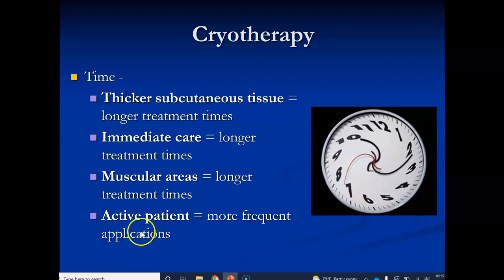If the patient just came out of practice and we put an ice bag on them, after their 15 minutes and they go away, they're going to rewarm a lot quicker than someone who's just been sitting in their office doing videos about this stuff. So yeah, we might have some more frequent applications.